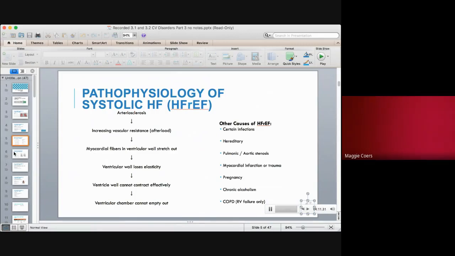All right, so those are some other causes. So we have the normal pathway that can result in heart failure, starting with arterial sclerosis and ending up with that ventricular chamber not being able to empty, or systolic heart failure. And we have other causes also for that systolic heart failure.